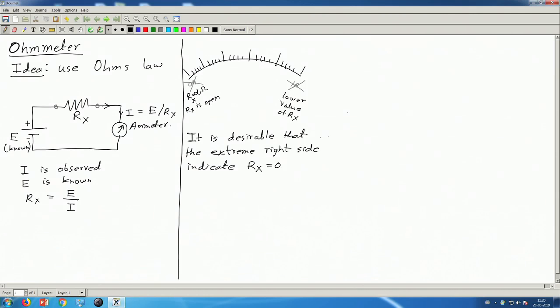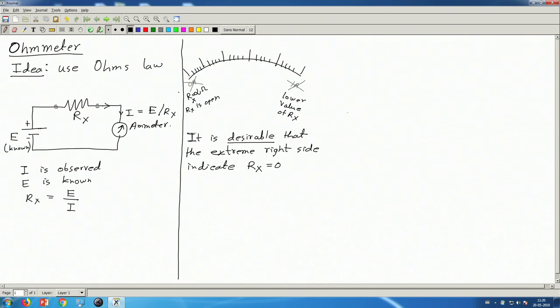This is also logical. If I make a meter, it is convenient to have one side indicating 0 value of the quantity that we are measuring, that means the resistance. So remember that this is a desirable condition of this meter.